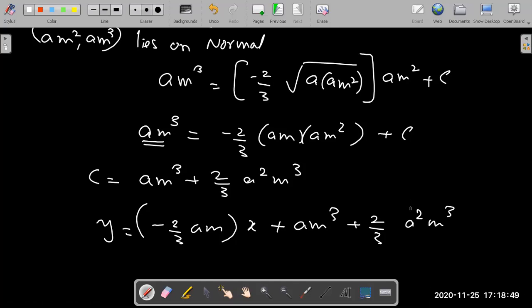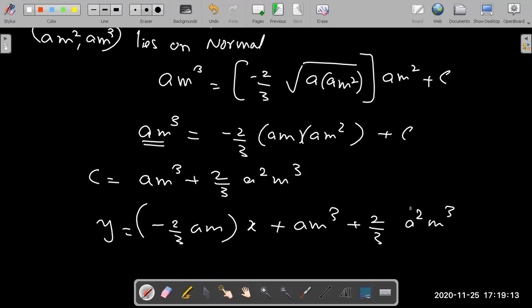Exercise 6.3. This is actually a long answer. Question number 20. 2x plus 3my minus am square equal to 0. 3my.